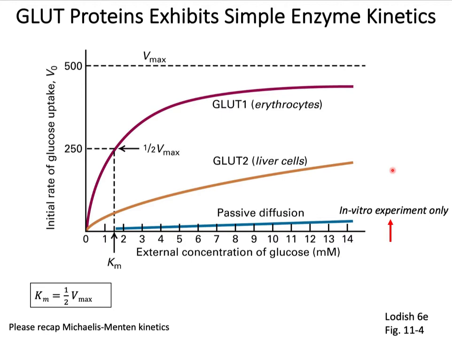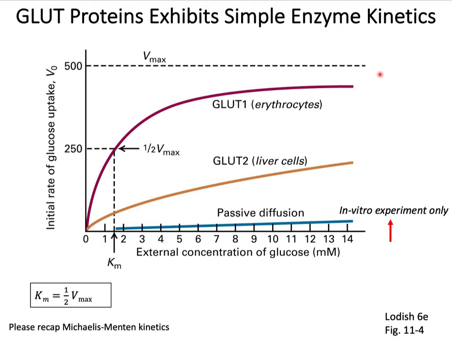Number three, Vmax depends on the number of uniporters in the membrane, achieved when the concentration gradient across the membrane is very large and each uniporter is working at its maximum rate.